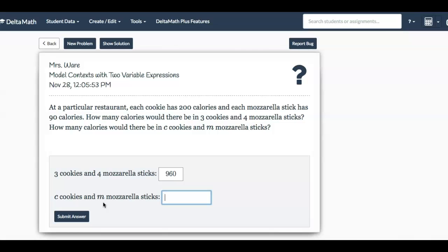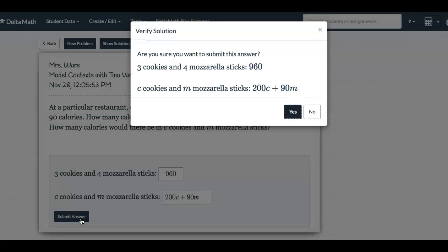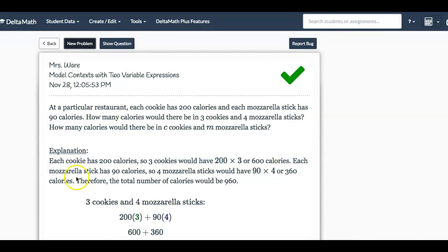It was 3 times 200, now it's C times 200. And then instead of 4, it's going to be M, so M times 90 is 90M. So that's the expression we're going to write: 200C plus 90M. Submit our answer and hit yes. Okay, so that's how you do that.